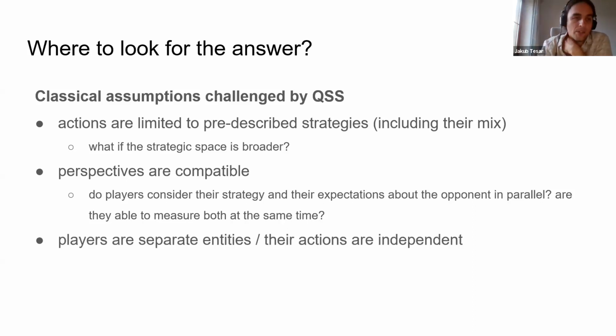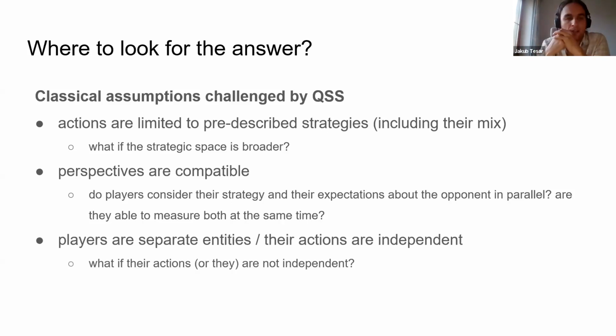And the last one, which is probably the most challenging, is the assumption that players are separate entities or that their actions are independent. So usually we assume that those players only have this mutual knowledge of rationality, but there is nothing that connects them. So they act independently, they do not communicate, they do not have information about the others.